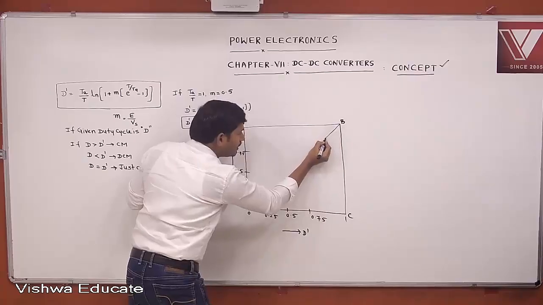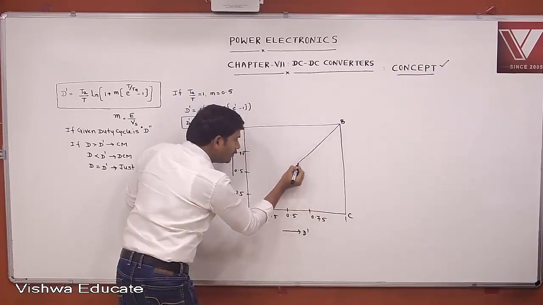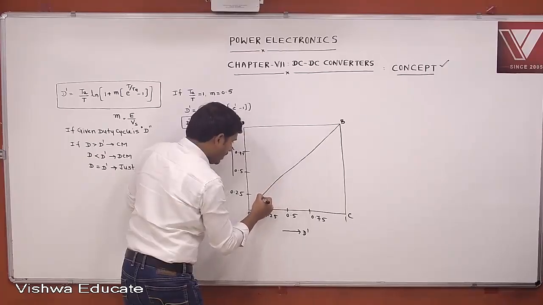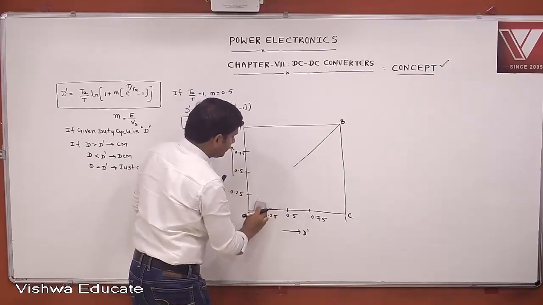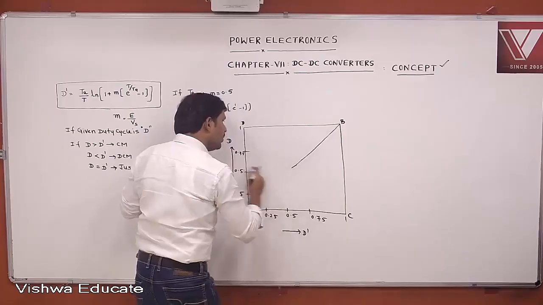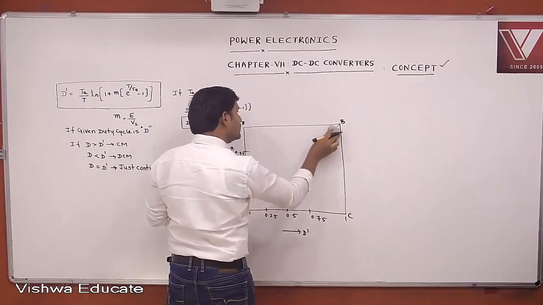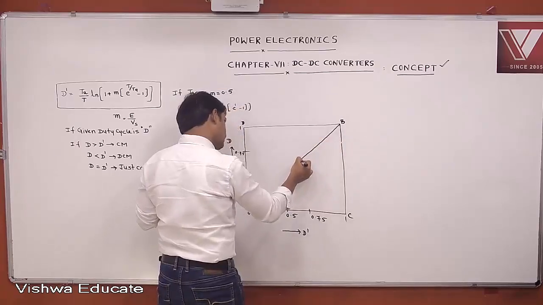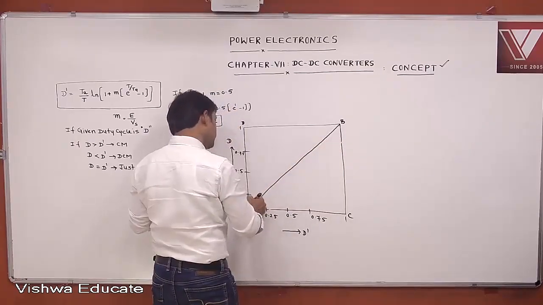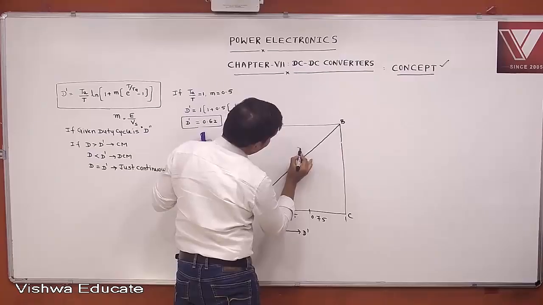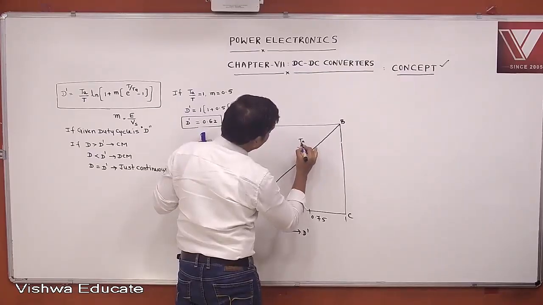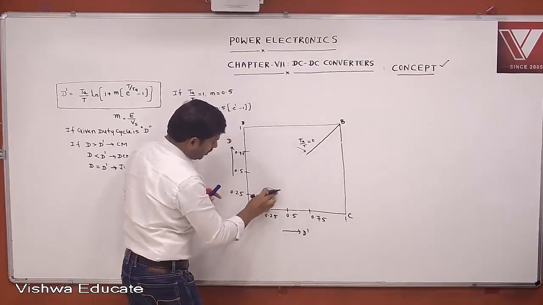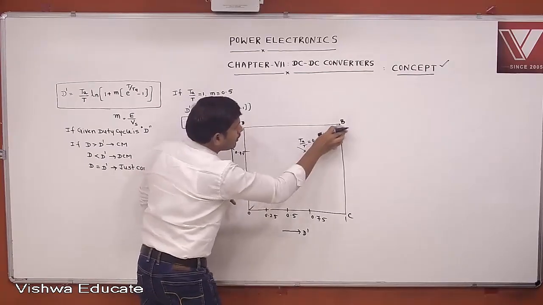Then we get this straight line curve for Ta by T equal to 0. But practically it is not possible. This is the ideal case I am drawing. This curve I am drawing for Ta by T equal to 0.